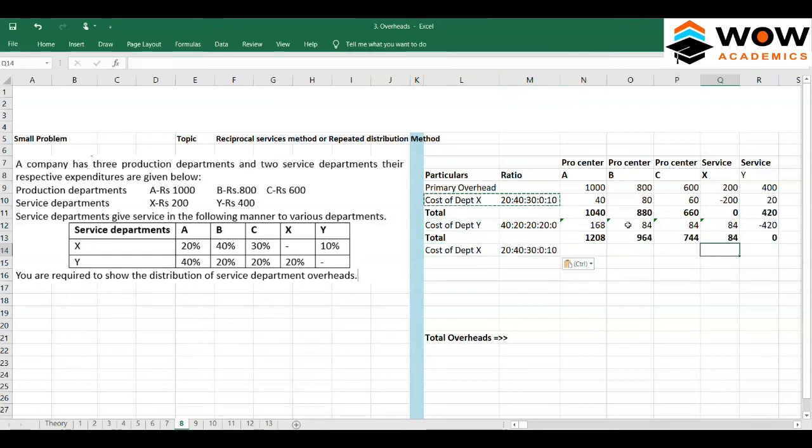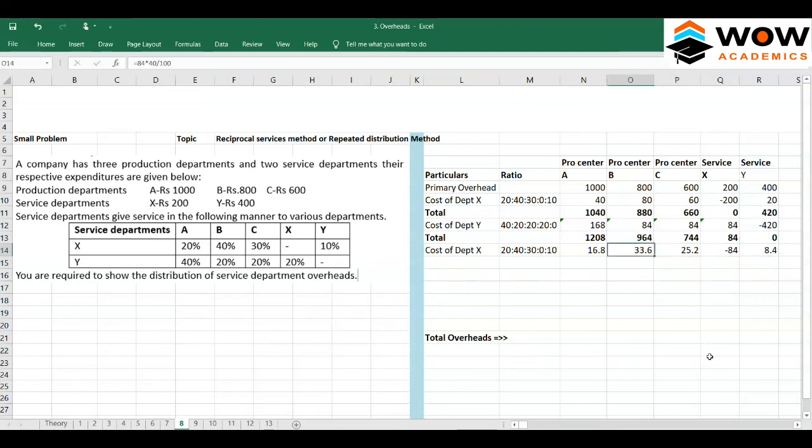So 84 has to be removed, and to remove it, it is going to be 84 into 20 divided by 100. So done. So finally it has become 8.4.